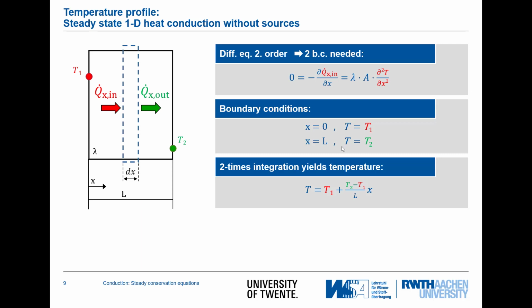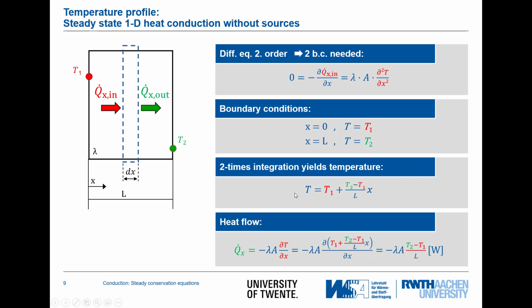If we want to insert these two temperature information in the equation here, we need to do two integrations to obtain the temperature profile. So integrating this equation twice, we end up with the following equation. The temperature is equal to the temperature T1 plus T2 minus T1 divided by L times the location x.